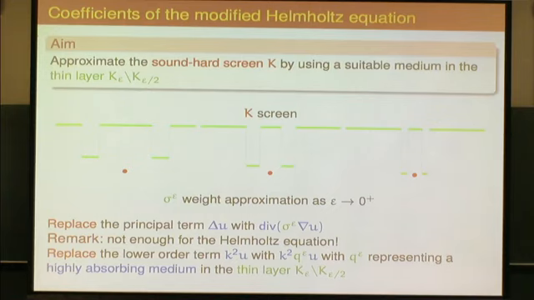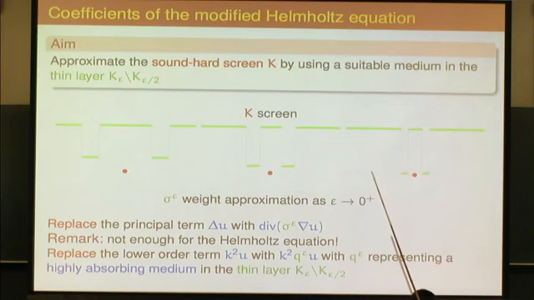This would be enough if you are dealing with uniformly elliptic equations, but here we are working with the Helmholtz equation, and we need to deal also with a lower order term. So we need to modify also k squared u, by inserting another coefficient, q epsilon, and this q epsilon represents a highly absorbing medium in this thin layer.